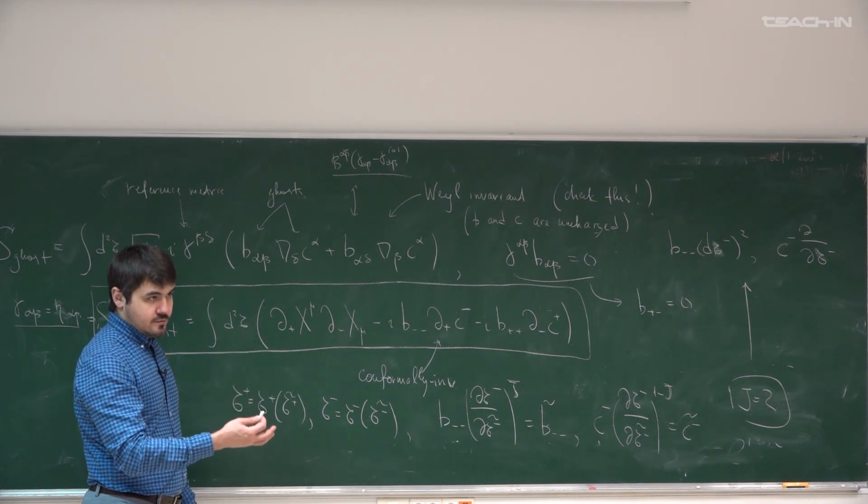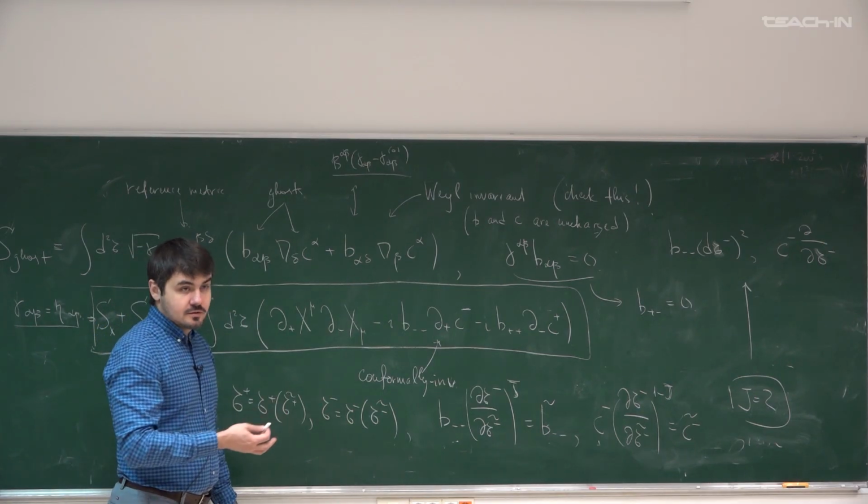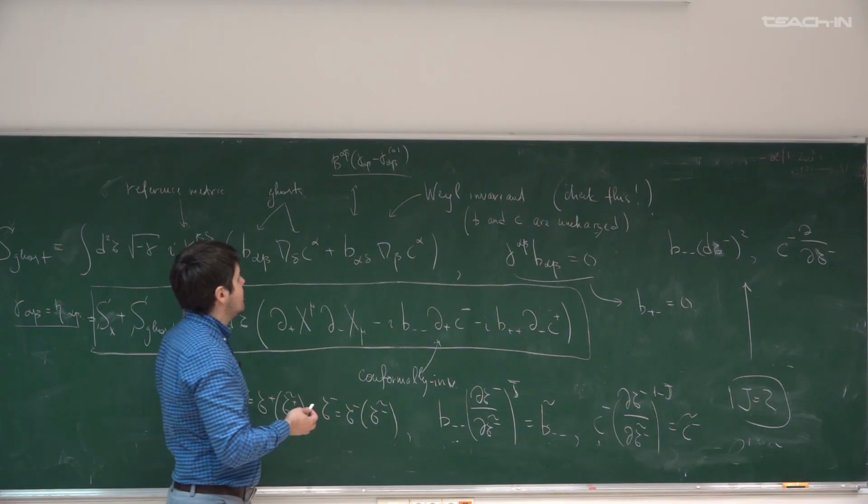So for diffeomorphisms, the parameter of a transformation is a vector field. So C becomes a vector field, right? That was the logic.